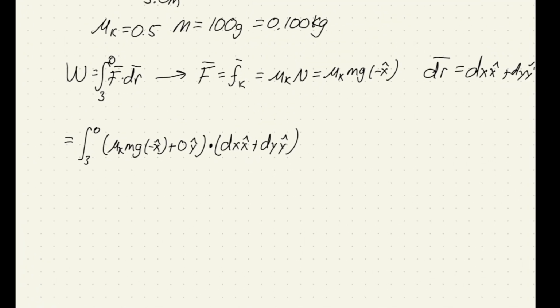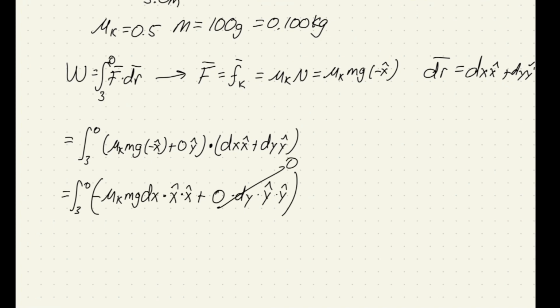All right, so when I do this dot product, my integration limits stay the same. Integral from 3 to 0, I get a negative mu k mg times dx times x hat dotted into x hat plus 0 times dy times y hat dotted into y hat.